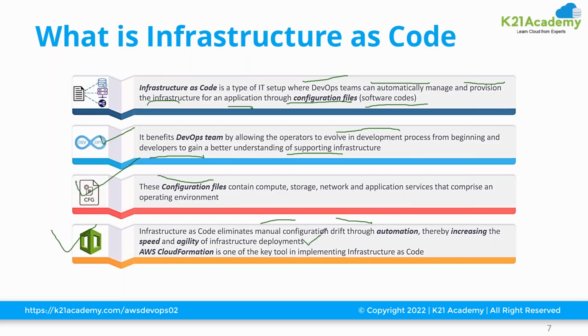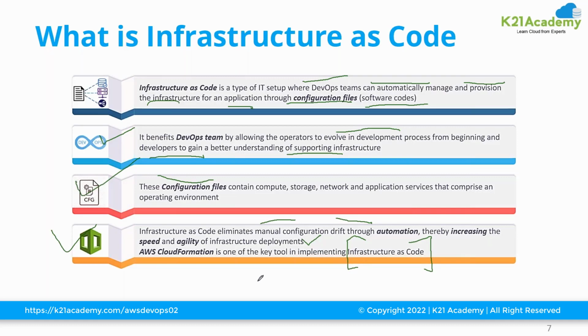When you do it manually, for example, I was working in a different region, right? That's a manual error, but that will not occur when you go through the code, because in the code the region details will be mentioned clearly. That is why infrastructure as code will eliminate manual configuration and manual errors, and it also increases speed and agility. And AWS CloudFormation is one of the key tools for implementing infrastructure as code from the AWS side.